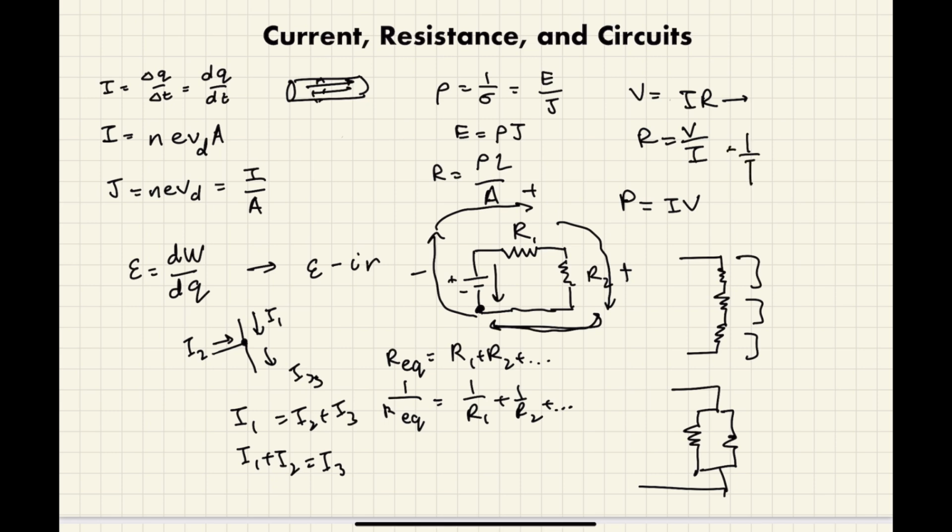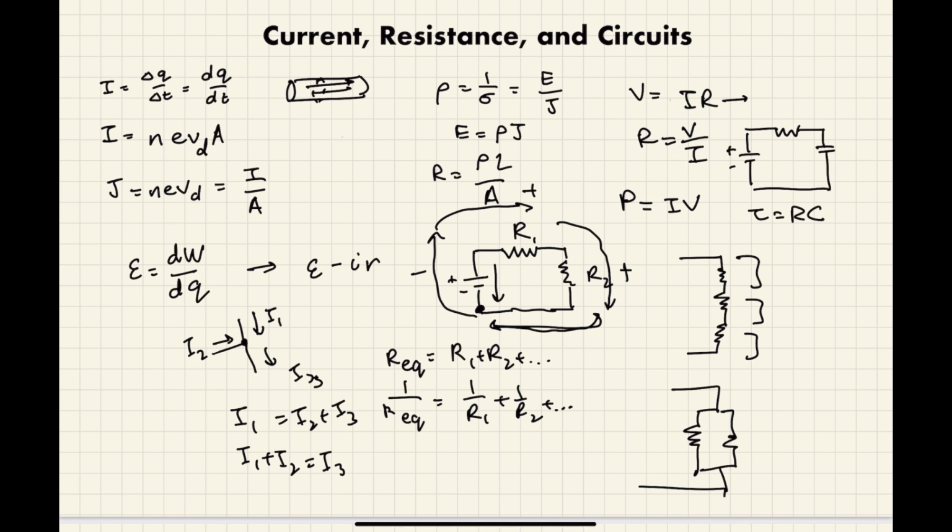So if this is our circuit, we have a resistor and a capacitor, and there's a time constant called tau that is equal to R times C, the resistance of the resistor times the capacitance of the capacitor. And so that is an important value because the formulas that we need to know depend on that.